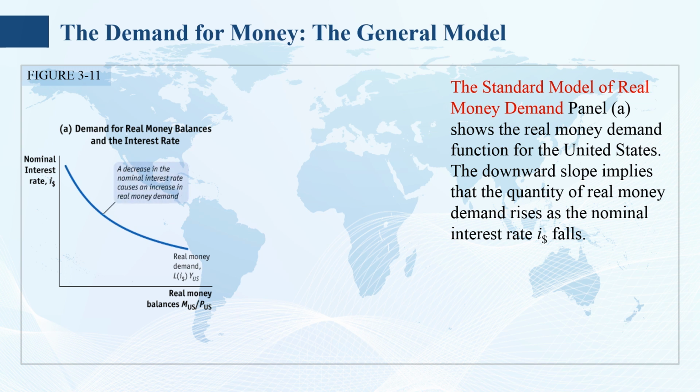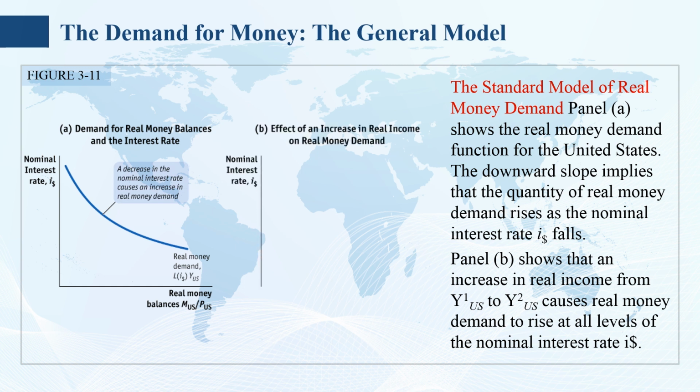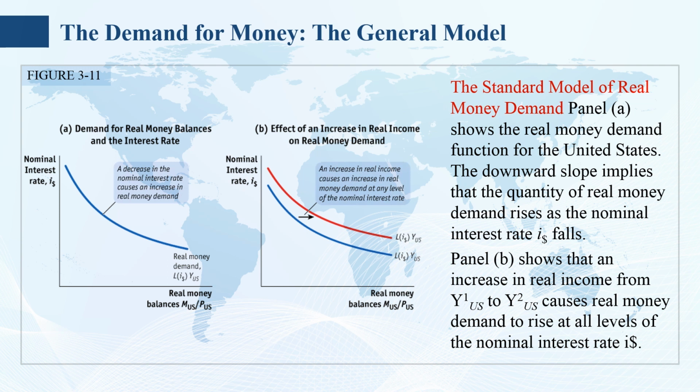The downward slope implies that the quantity of real money demand rises as the nominal interest rate i dollar falls. Panel B shows that an increase in real income from Y1 to Y2 causes real money demand to rise at all levels of the nominal interest rate i dollar.